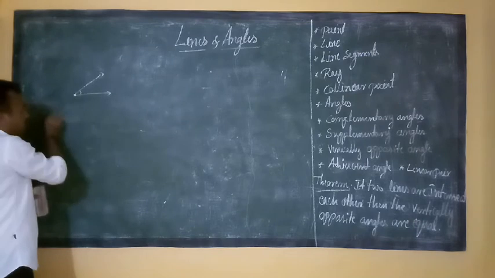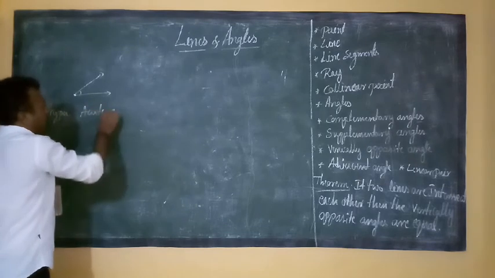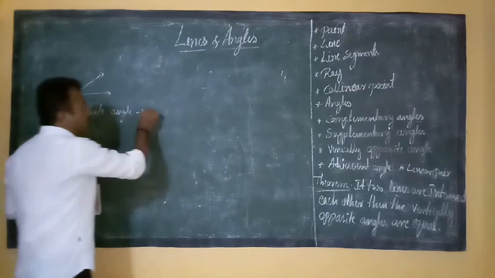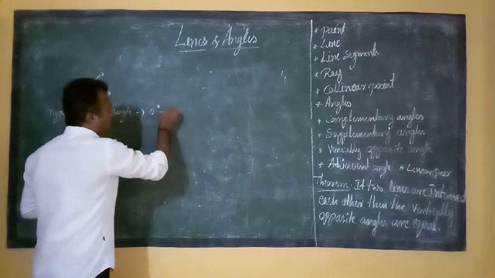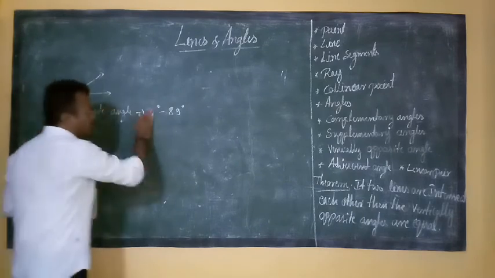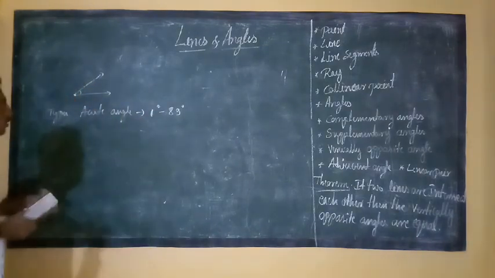Then types of angles. What are the types of angles? First one, acute angle. Acute angle means the angle measures 1 degree to 89 degrees.